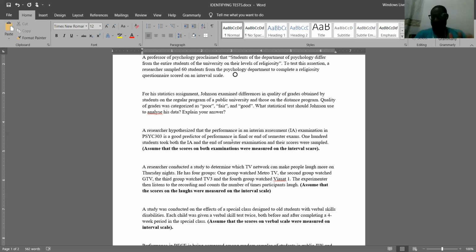Then you ask yourself, quality of grades falls under what type of scale of measurement? You can see they indicated quality of grades was categorized into poor, fair, good. When you see categorized, your mind might tune into nominal scale, because we emphasize that with nominal, we categorize. So you might think this is more or less like nominal. But see the trend.